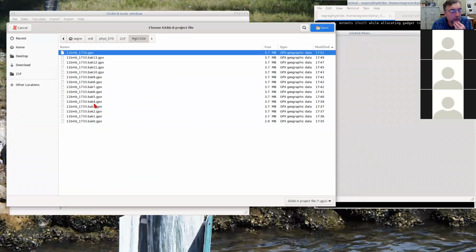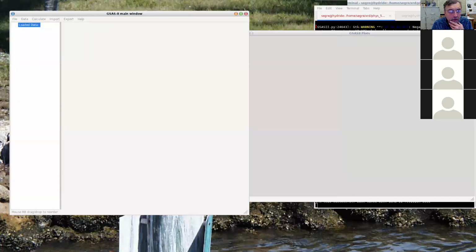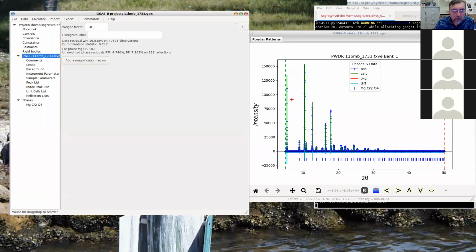You see all these backup files. You can pick any one of them and start again, if you can figure out what they each are.